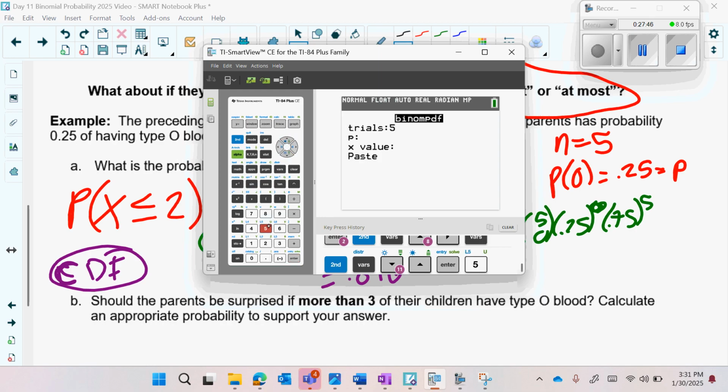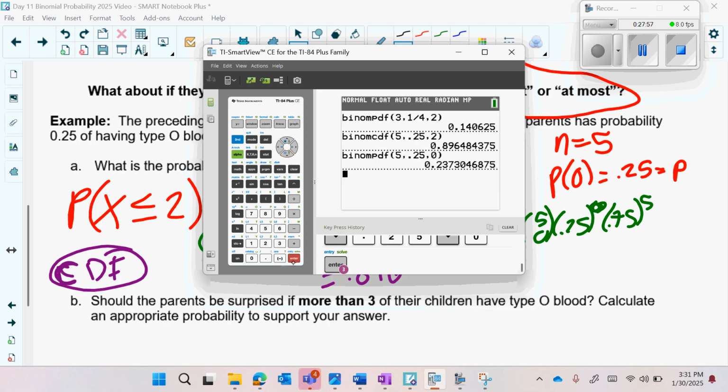So let me show you. I'm going to put in 5, I'm going to put in 0.25, and I'm going to put in 0. This is the probability that exactly 0 kids would have type O blood. And then you would hit enter, and then you would do it for 1. So you would go here, type over the 0 and just put 1, hit enter, and then you would go here.